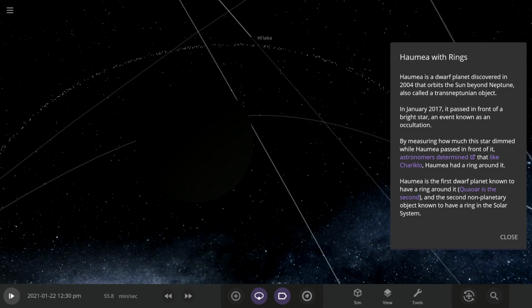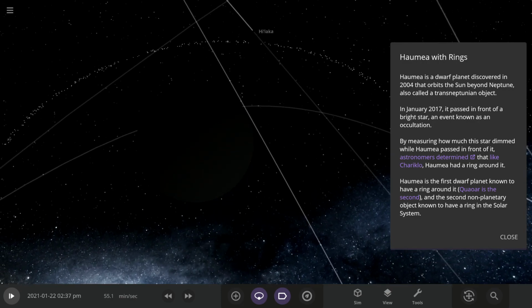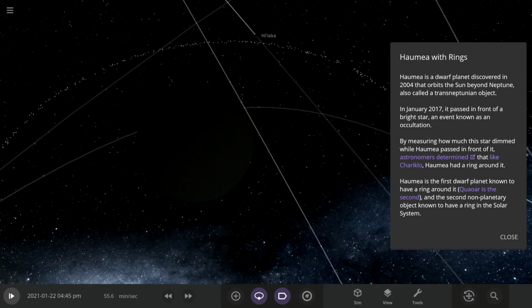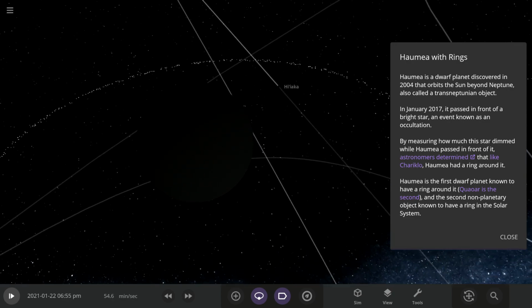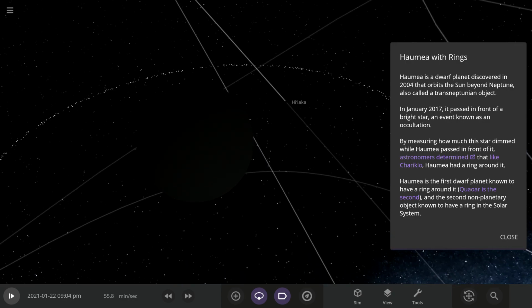Is that how you say it? But by measuring how much the star dimmed while Haumea passed in front of it, astronomers detected that, like Chariklo, Haumea had a ring around it. Haumea is the first dwarf planet to have a ring around it. Quaoar is the second, and the second non-planetary object to have a ring in the solar system.